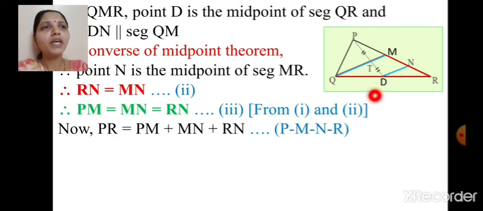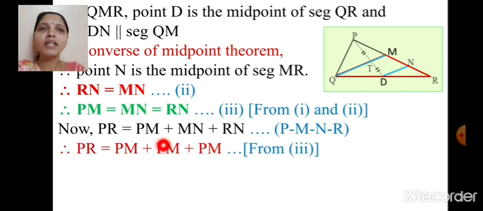Now PR, if you consider this segment PR, you can write here PR is equal to PM plus MN plus RN. Okay. Reason is points P, M, N and R are collinear points. Okay. Therefore PR is equal to, now we know that here PM is equal to MN is equal to RN.